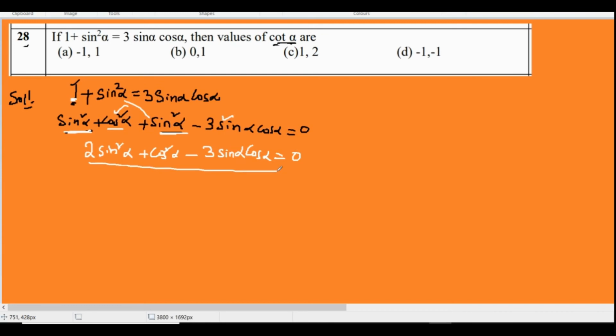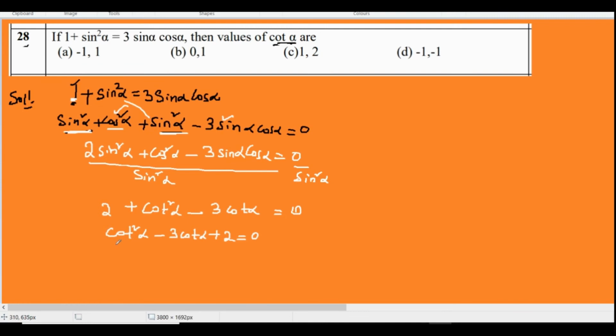Now we will divide the left hand side and right hand side by sine square alpha. 2 sine square alpha by sine square alpha will become 2, cos square alpha by sine square alpha will become cot square alpha, and 3 sine alpha cos alpha divided by sine square alpha will become 3 cot alpha. On the other side, 0 divided by something will become 0. So we'll arrange this in a proper way: cot square alpha minus 3 cot alpha plus 2 is equal to 0.